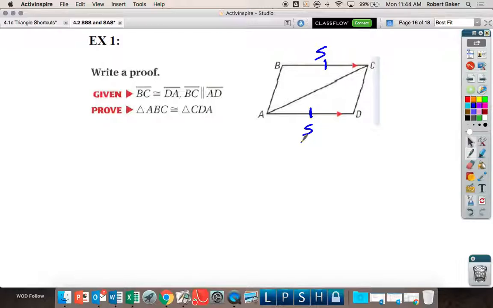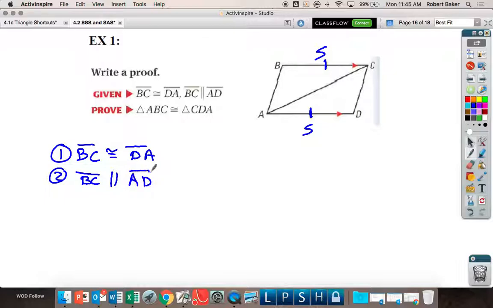So even if you don't know how to do this, you get points for writing down that BC is congruent to DA and BC is parallel to AD. Why are those two statements true? Given. Why are those two lines parallel? Given.